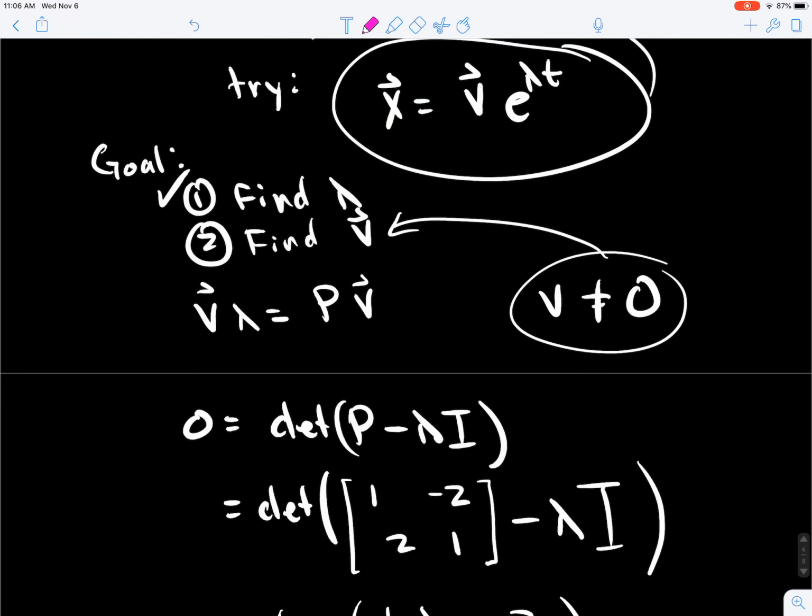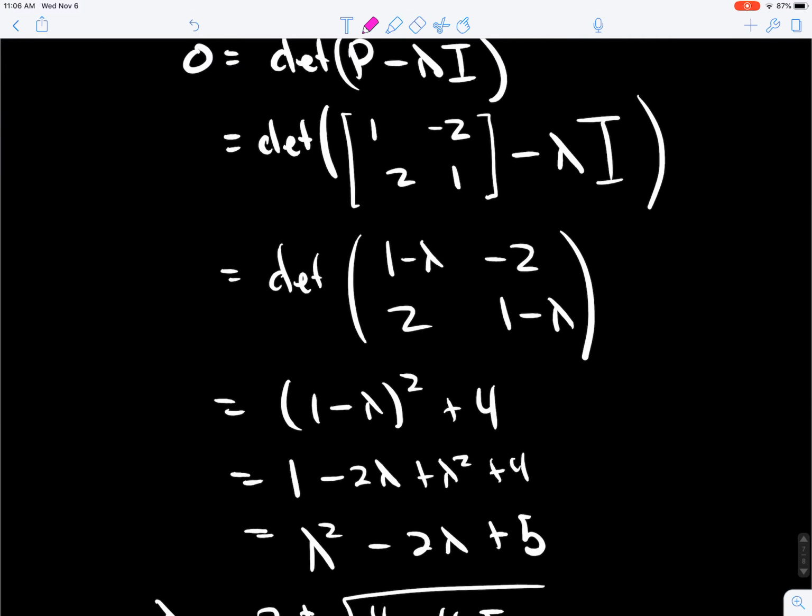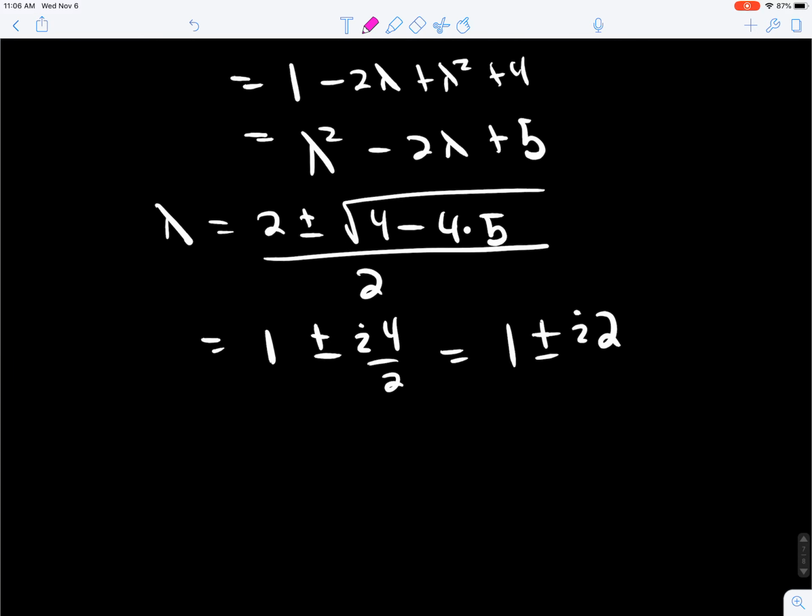Awesome. So now goal number 2 is we want to find v such that this happens. Well, if you remember, what you do next is you go ahead and plug it into that. So this is the point where this method deviates from the real case.